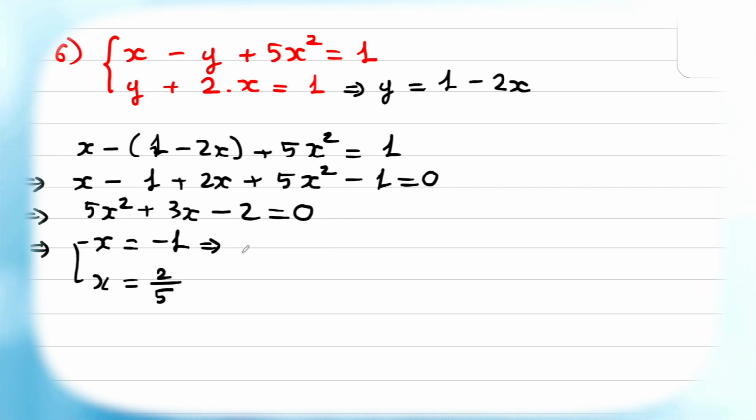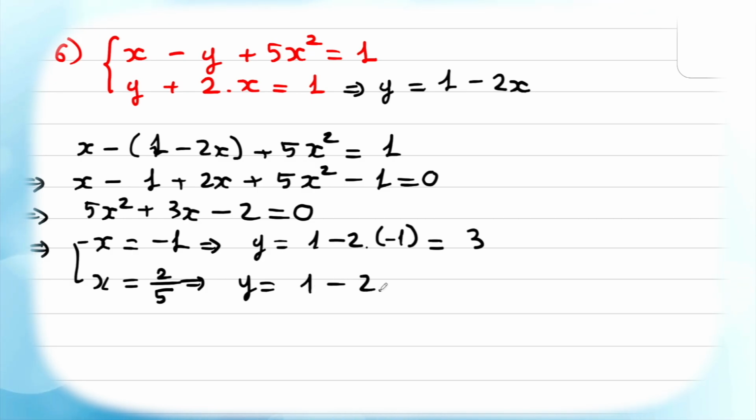And x equal to minus 1, this means y will be 1 minus 2 times minus 1 equal to 3. The next one will be 1 minus 2 times 2 over 5 equal to 1 over 5.